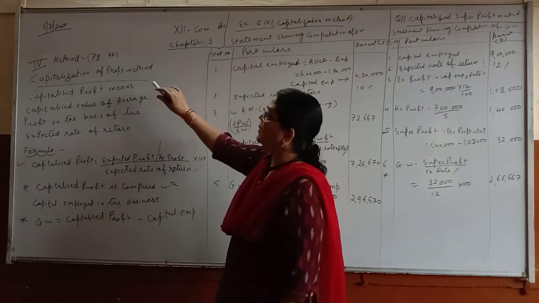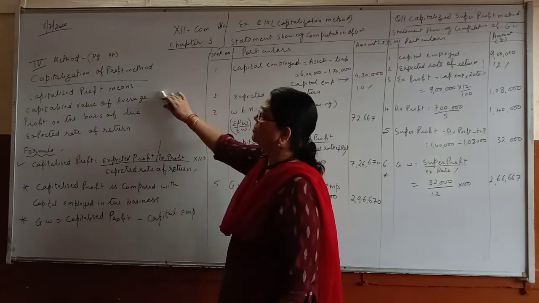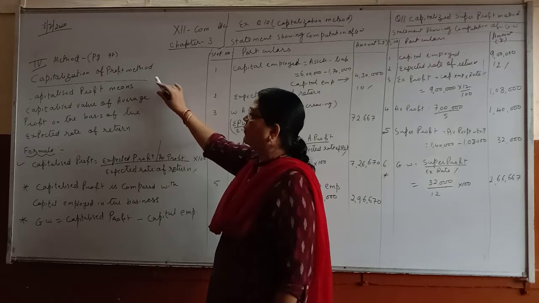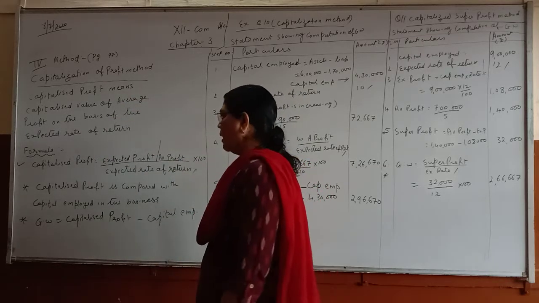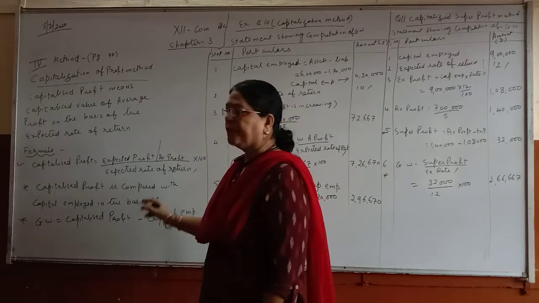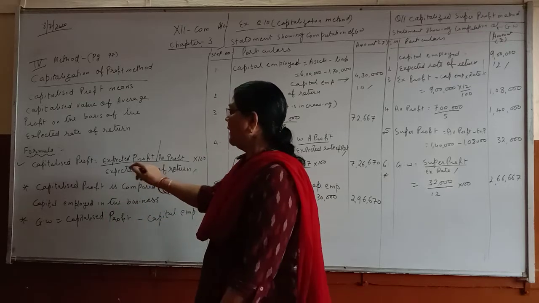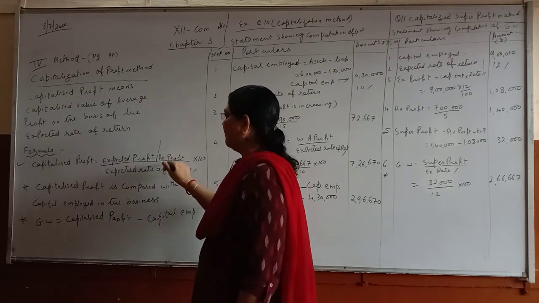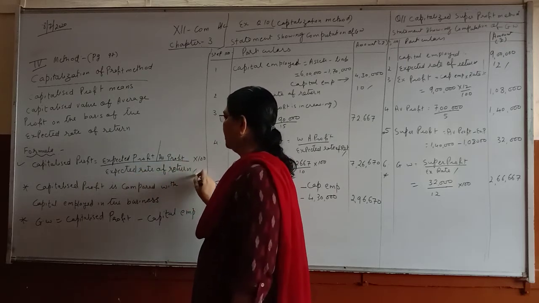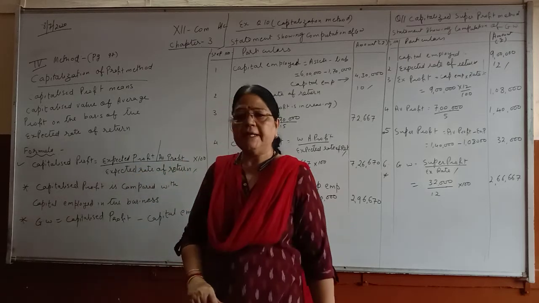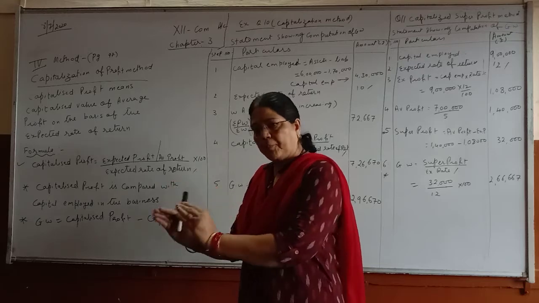So this is the introduction for the topic capitalization of profit method. Here we are first going to find out the profit and then do the comparison as per the formula. So you have to learn the formula: expected profit or average profit, whichever is given, upon the rate, which will be given in percentage, multiplied by 100. And capitalized profit you will compare with the capital employed.